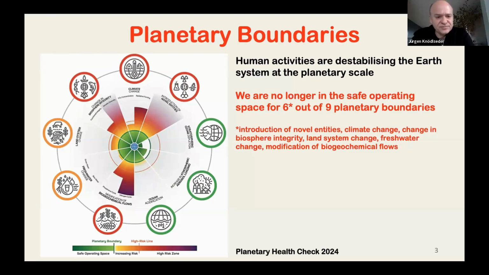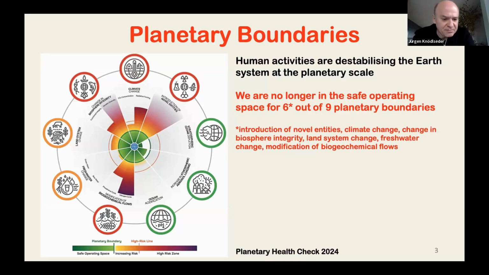We talk a lot about climate change, but you see even here, it's in red, but when you see the size of it, there are even bigger concerns like biosphere integrity. That's basically the 6th mass extinction in which we are. Novel entities means everything that doesn't exist naturally on Earth, like plastics or genetically modified livings.